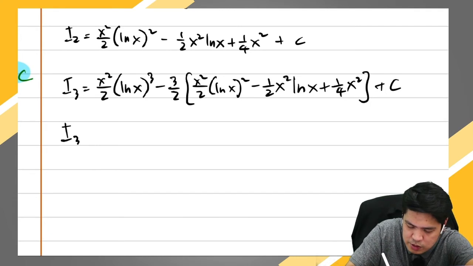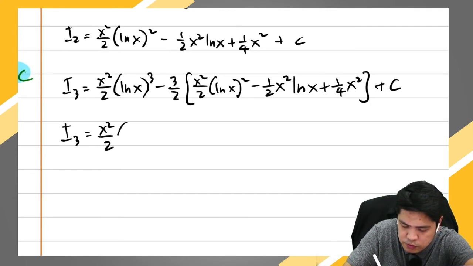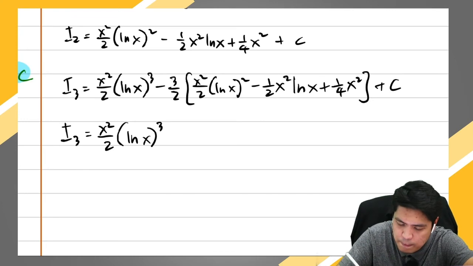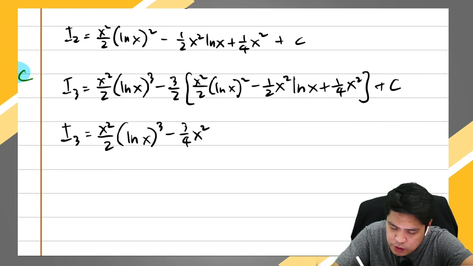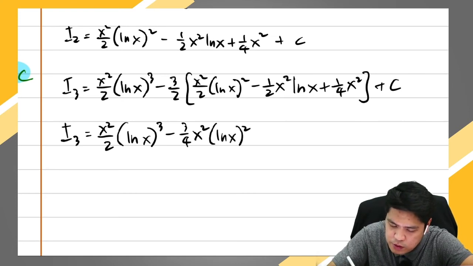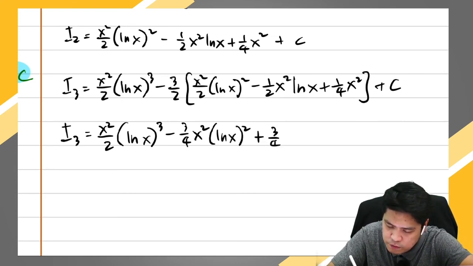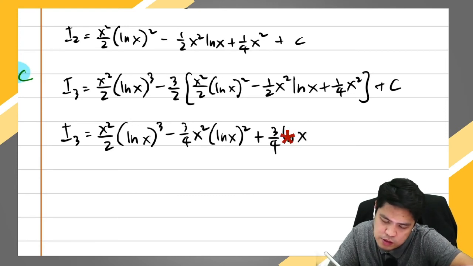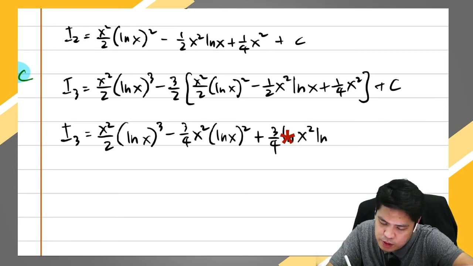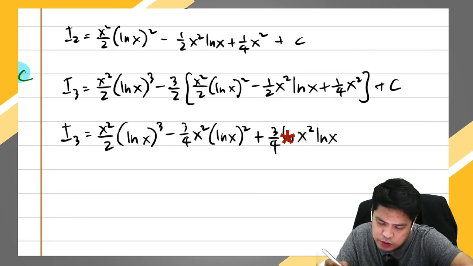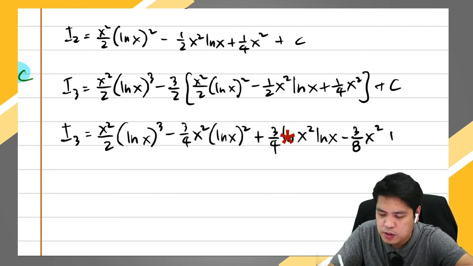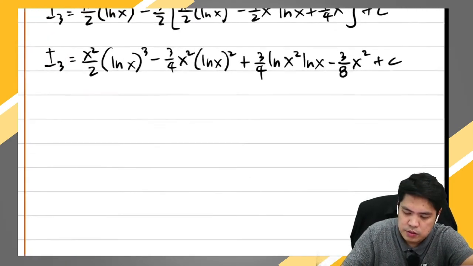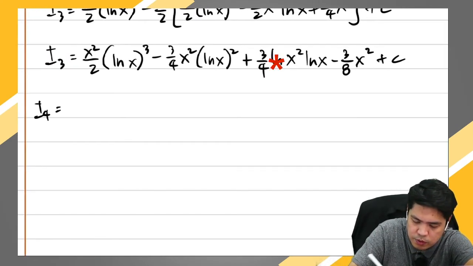So therefore, I sub 3 is equal to x squared over 2 ln x cubed minus 3/4 x squared ln x squared plus 3/4 x squared ln x, okay, minus 3/8 x squared, then plus c. So we'll proceed to I sub 4.